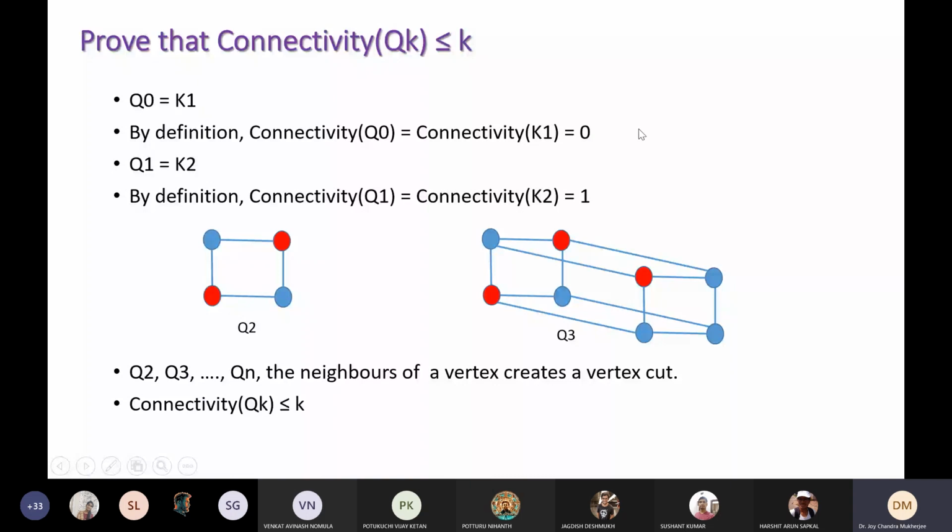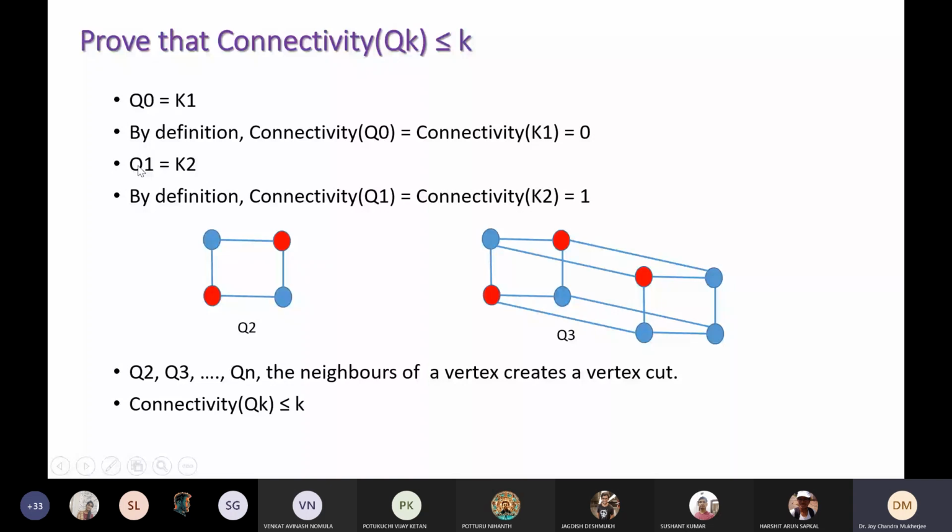So for Q0 it is proved. For Q1, it is nothing but an edge, which is also K2. K2 is a complete graph of two vertices and its connectivity will be 2 minus 1, that is 1. So for Q1 we get 1 and for Q0 we get 0. So for Q0 and Q1 we have proven the fact.